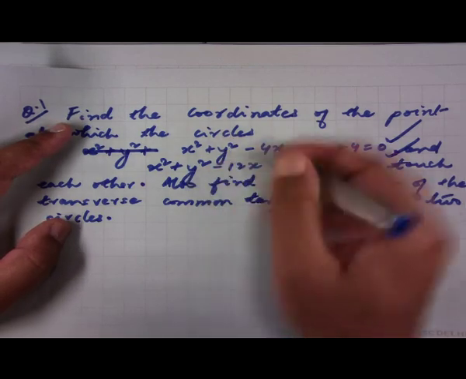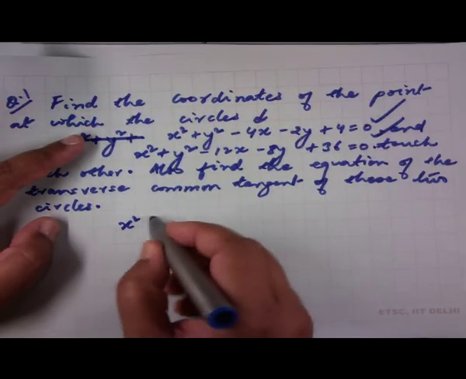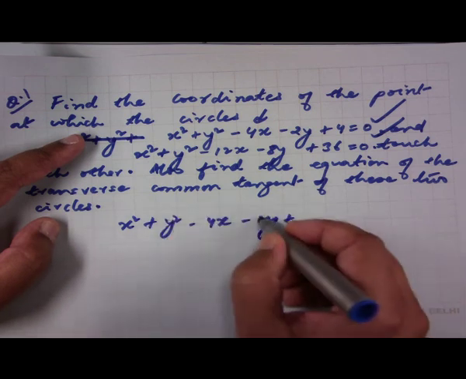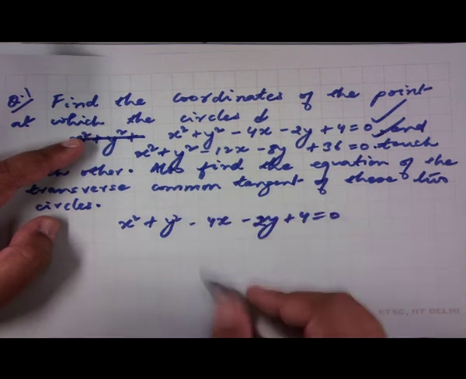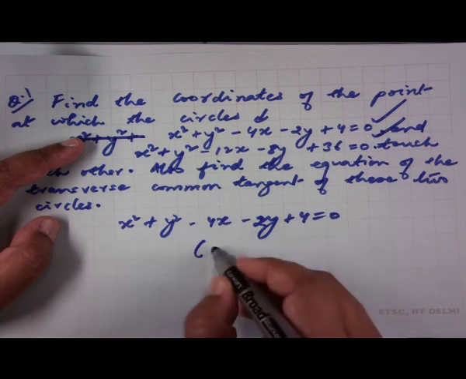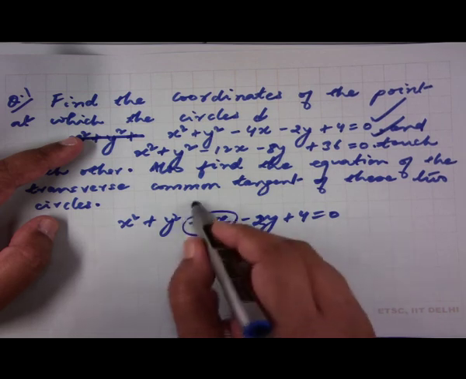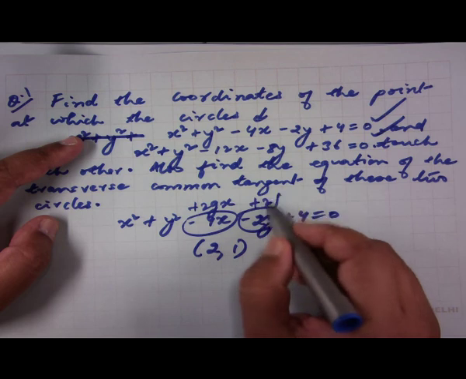So the first circle, this clearly has a center which is at 2, 1, because this particular term is plus 2gx and this is plus 2fy.